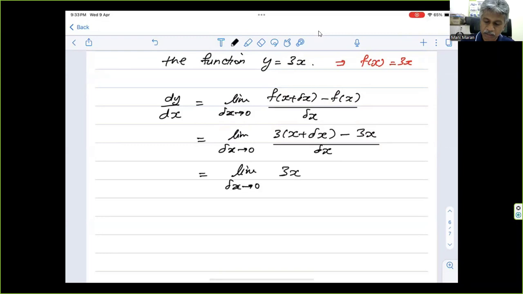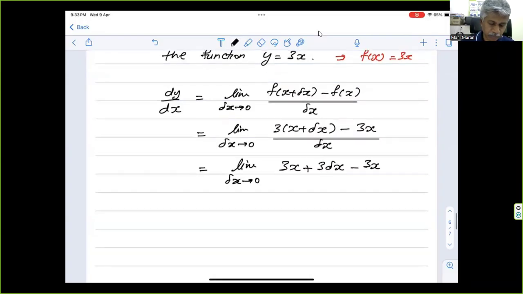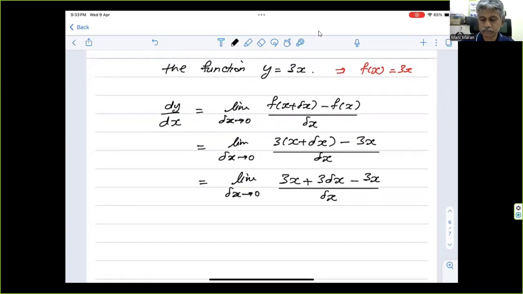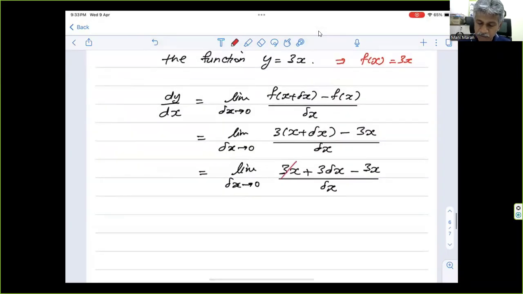Now we can multiply inside: 3x plus 3 delta x minus 3x, divide by delta x. And you have 3x here, you've got minus 3x. These two can cancel off.